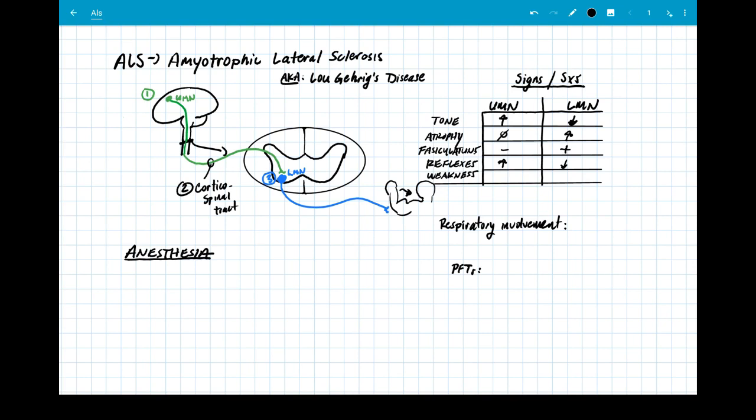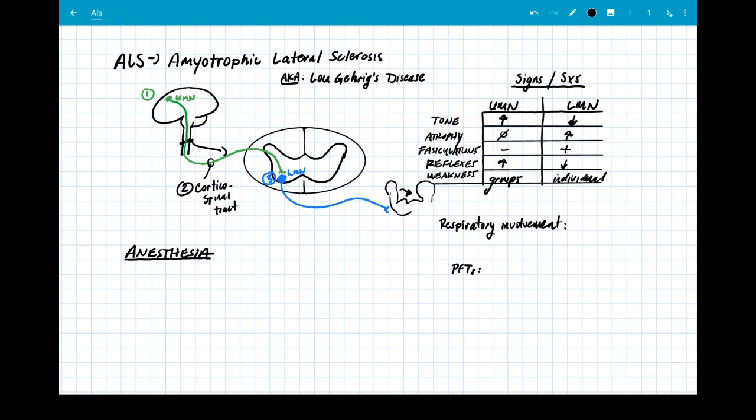The reason upper motor neuron diseases become hyperreflexic is they do not have the inhibitory pathway to inhibit these reflexes. And weakness for upper motor neuron diseases typically involves muscle groups, versus lower motor neuron diseases, where it's typically the individual muscle that is weak.